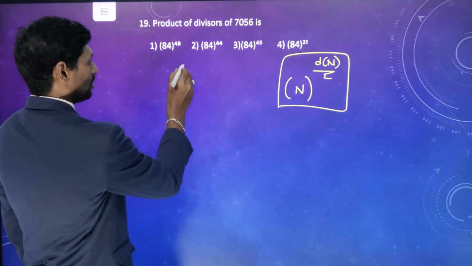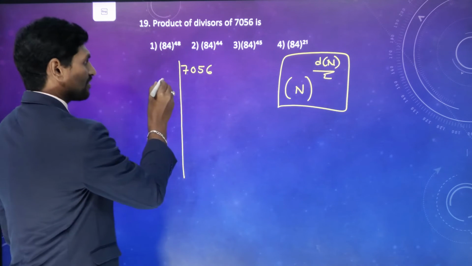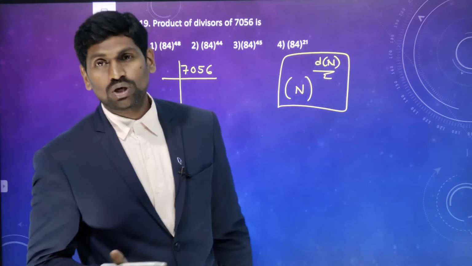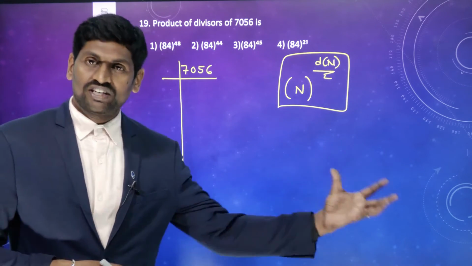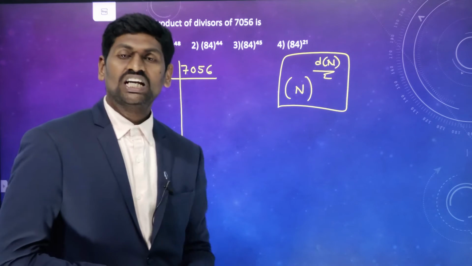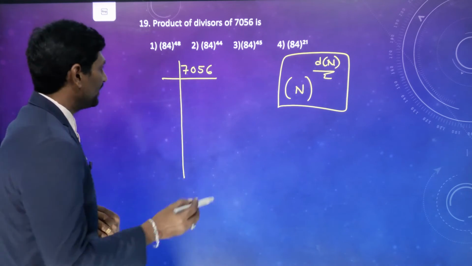Now here asking about 7056. Before that, for finding sum of divisors, number of divisors or product of divisors, first we should find how many number of divisors are there by using the prime factorization method. Okay, now let us find it.